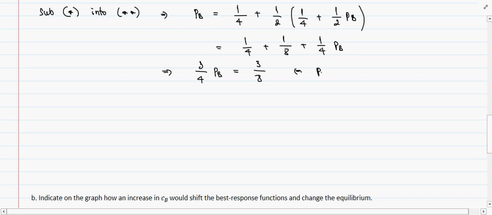And so therefore I know that PB is going to be equal to 1 on 2, a half.